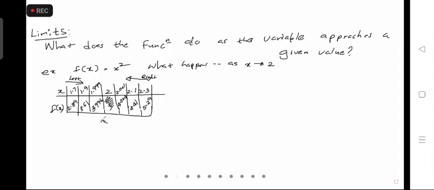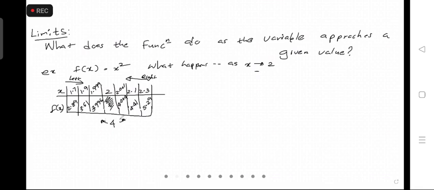By looking at this value and this value, you can write what will happen when x is very near to 2. It is going to the number 4. See, this one reaches 4 from the left-hand side, and this one decreases down to 4.